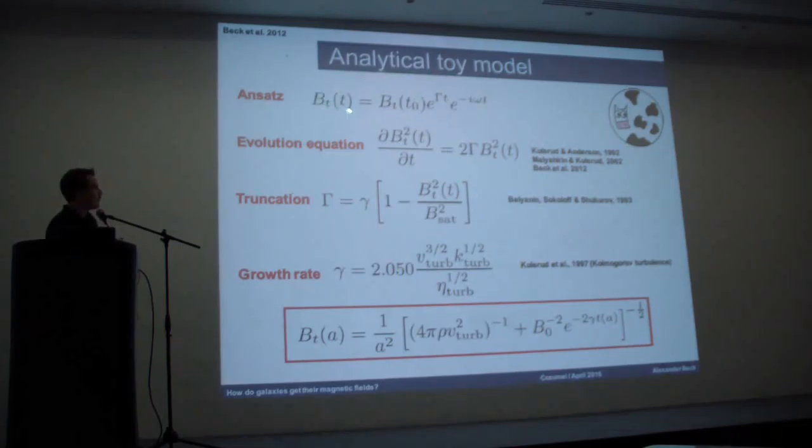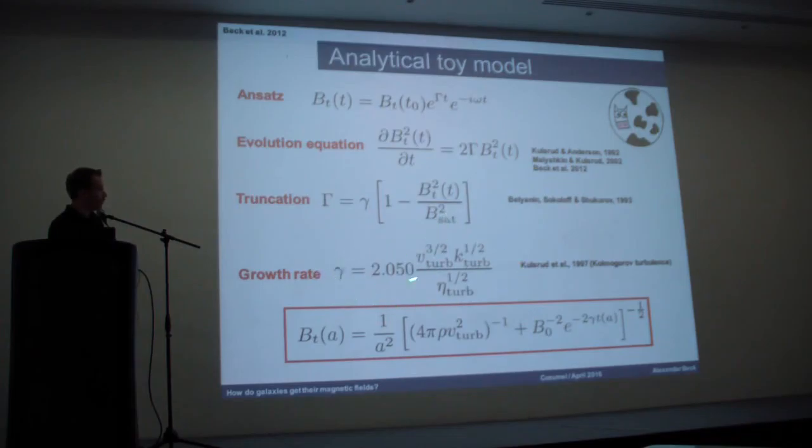We've used a toy model here where the growth of the field can be described by the growth of some perturbations within a turbulent flow. And this leads to an equation here for the growth of the magnetic energy with some kind of growth factor, where we then put in that growth stops, it saturates at some point, where we set the equipartition between magnetic and turbulent energy is reached. So here this is the saturation level.